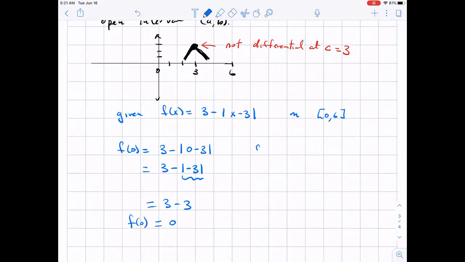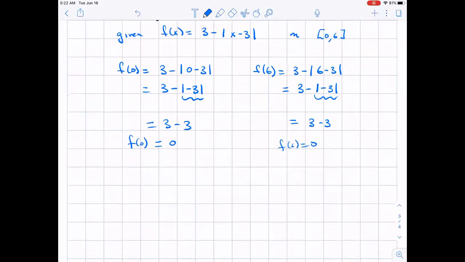And then you continue, what is f of 6? Well, f of 6 would be 3 minus the absolute value of 6 minus 3, which is 3 minus the absolute value of negative 3. The absolute value of negative 3 is 3. And then you have f of 6 is equal to 0.